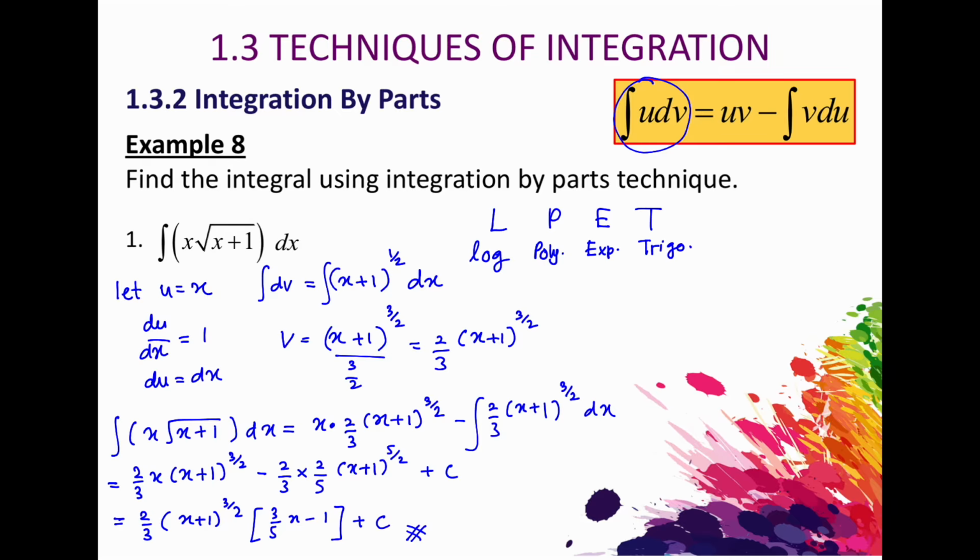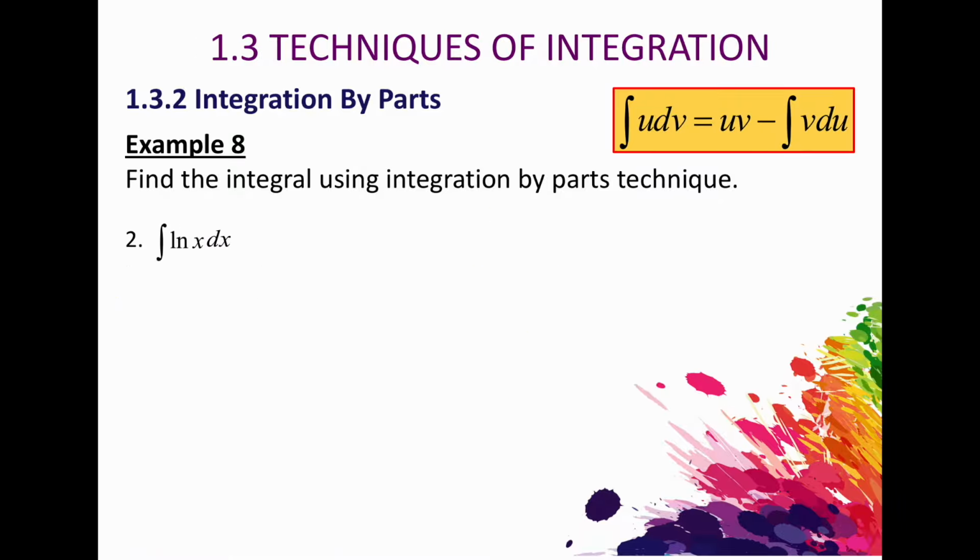Now let's continue with question 2. So in question 2 we have ln x dx. It seems like ln x is alone by itself, but it's actually not. We let u equal to ln x based on the LPAT rule just now.